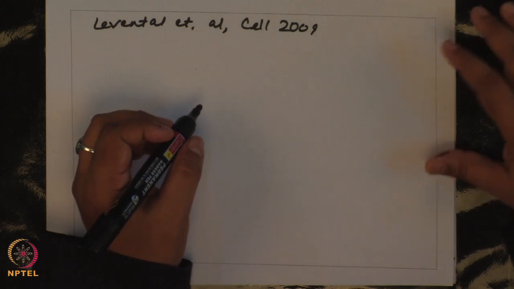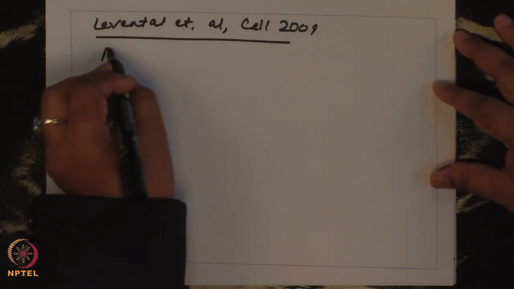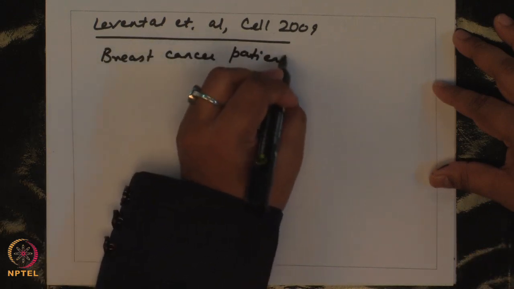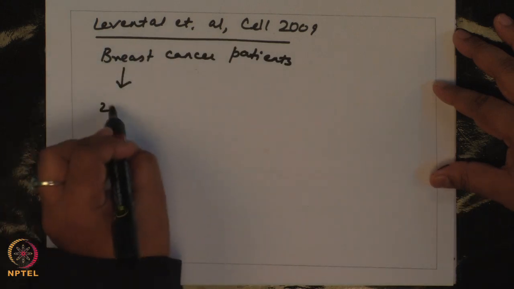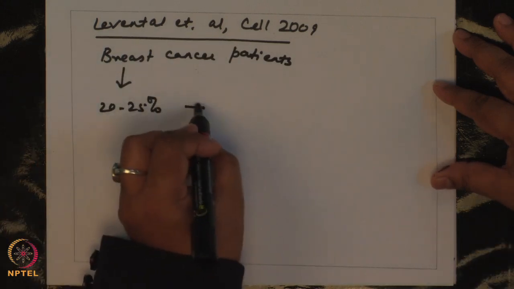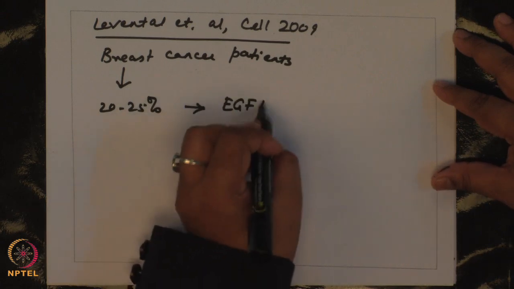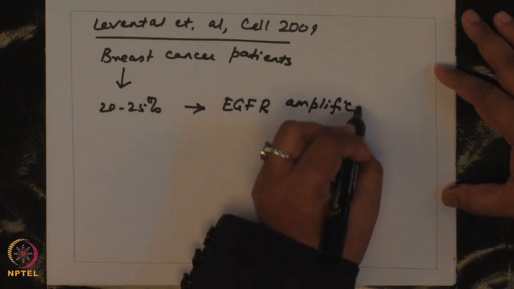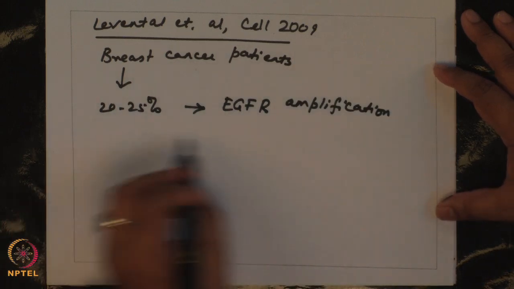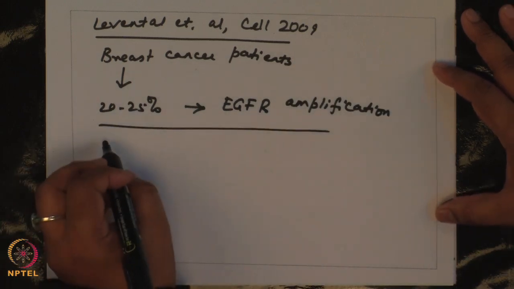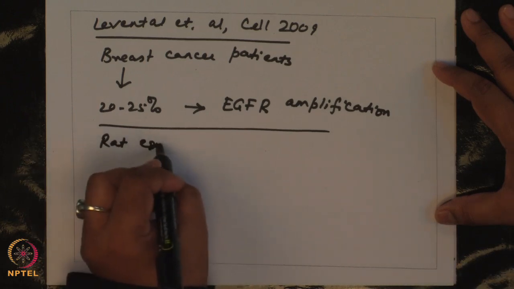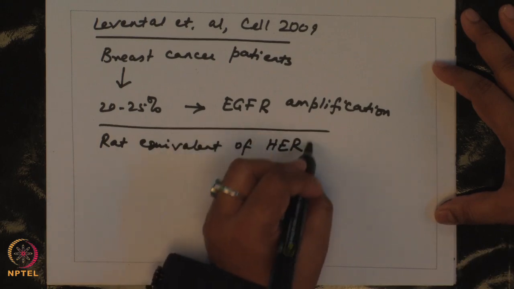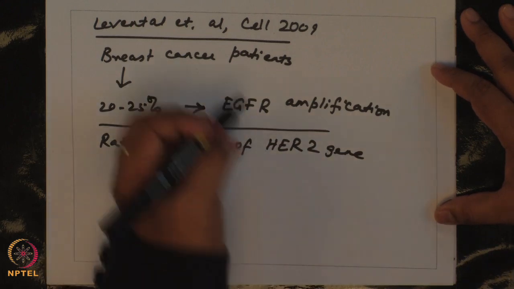So, what they did was, generally in breast cancer patients, in 20 to 25% of these cases, you have EGFR or epidermal growth factor receptor amplification. So, they took the rat equivalent of the HER2 gene, which is amplified in humans.